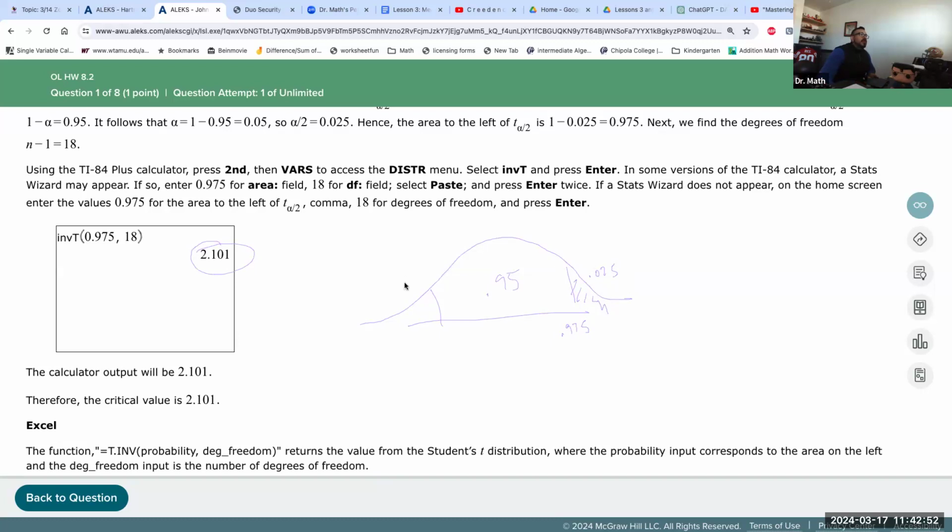The only difference was in ours it was negative. Why is that? Well, this t-score, we found it to be 2.101, and our answer was negative 2.101.